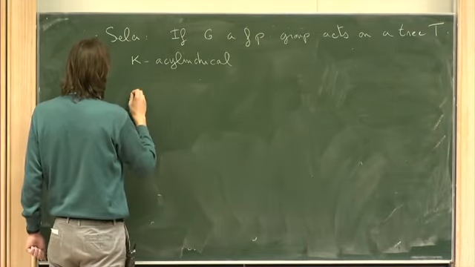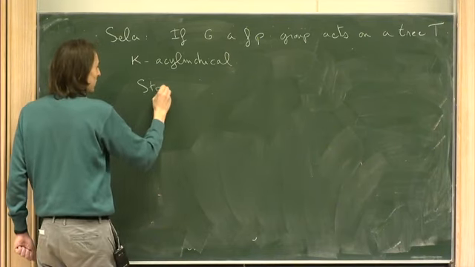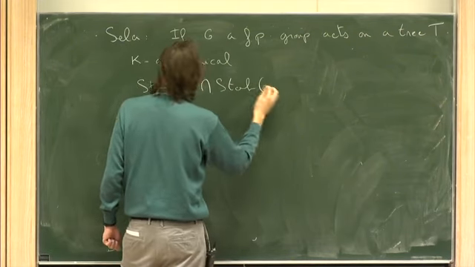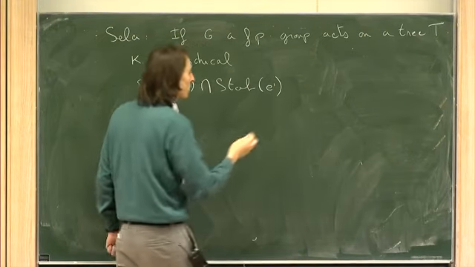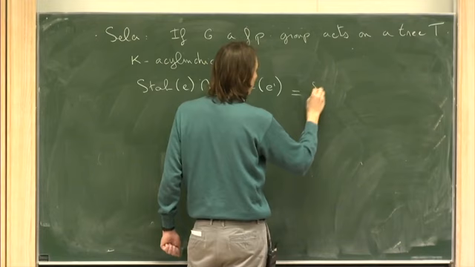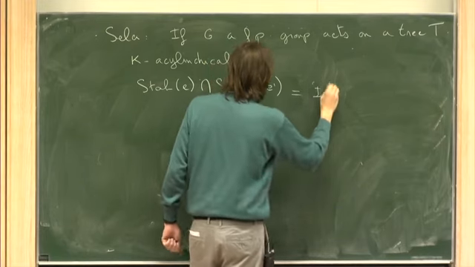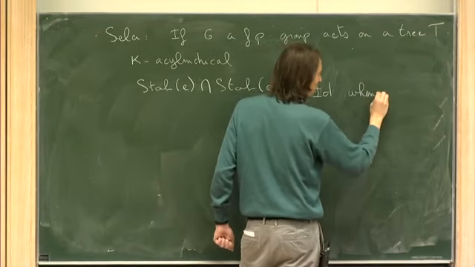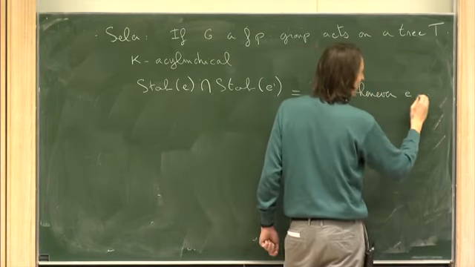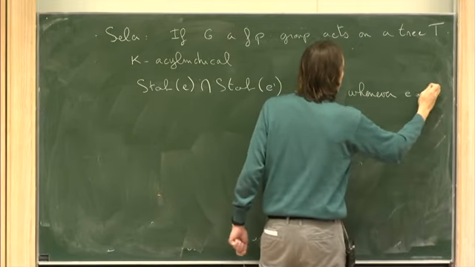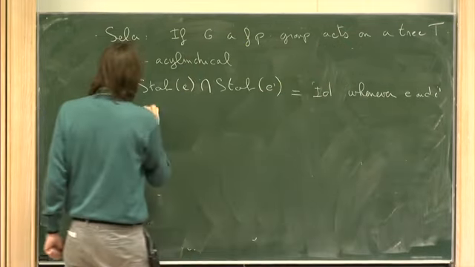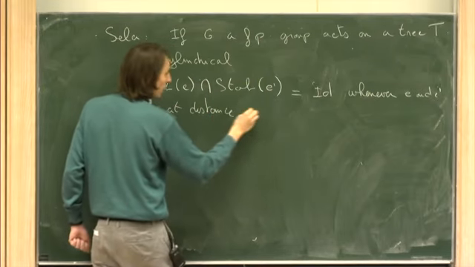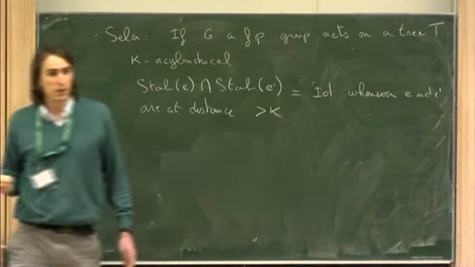It means that the intersection of the stabilizers of an edge E and an edge E prime is trivial, is the identity, whenever E and E prime are at distance greater than K.